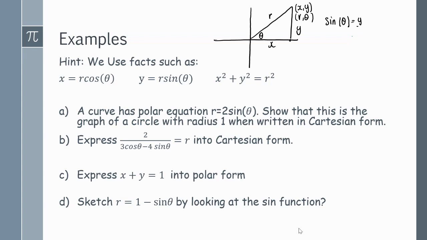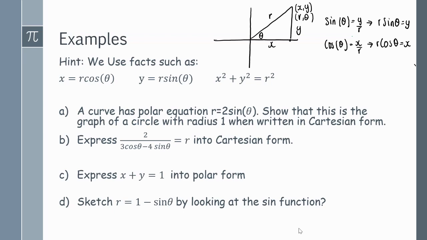Then we can say sine theta equals y on r, or that r sine theta equals y. I also have that cos theta would be adjacent over hypotenuse, x on r, and that can be rearranged to r cos theta equals x.